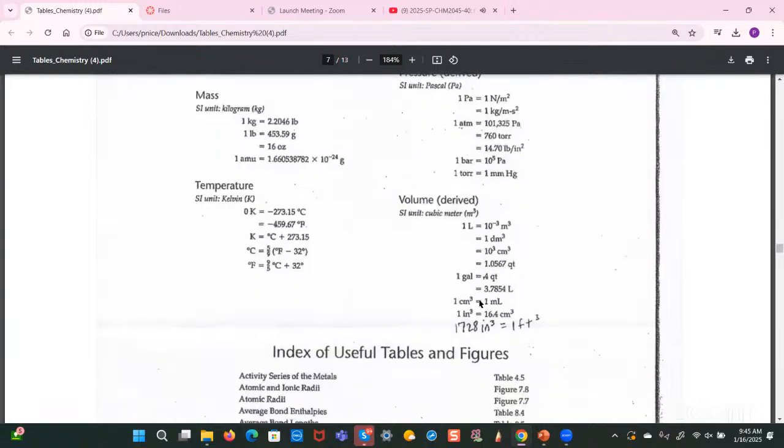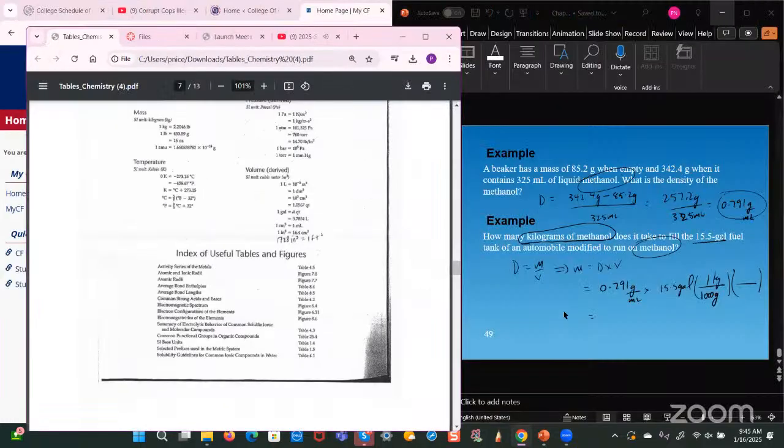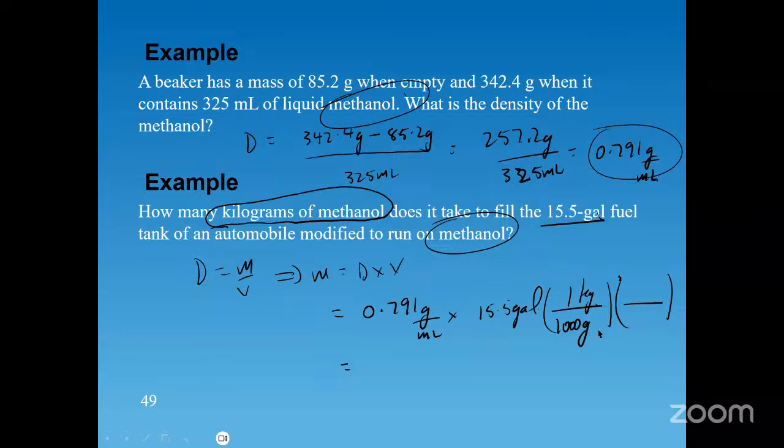Okay, so according to this, 1 gallon is equal to 3.7854 liters. So, 1 gallon is equal to 3.7854 liters.